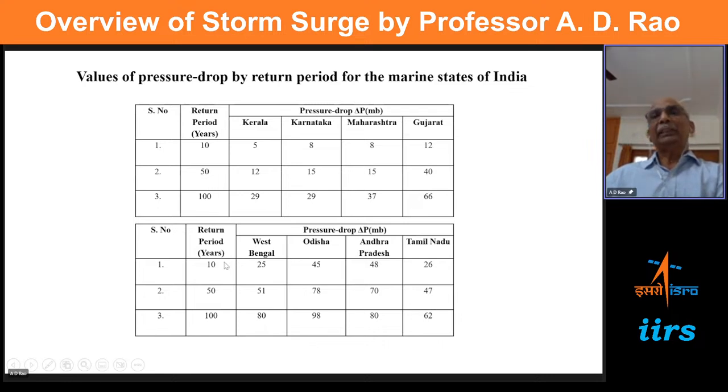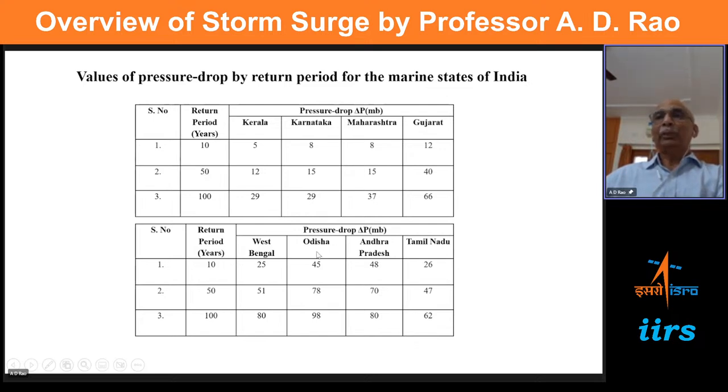Similarly, you have 4 maritime states along the east coast: West Bengal, Odisha, Andhra Pradesh, Tamil Nadu. If you consider West Bengal and Tamil Nadu, the pressure drops associated with any return period are small compared to those for Odisha and Andhra Pradesh. That means Odisha and Andhra Pradesh usually get higher intensity cyclones compared to West Bengal and Tamil Nadu.